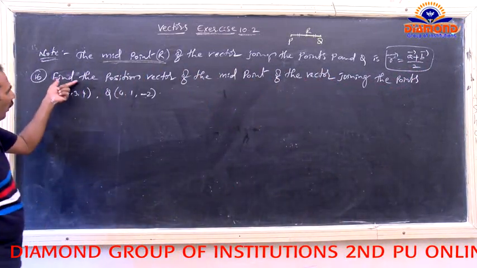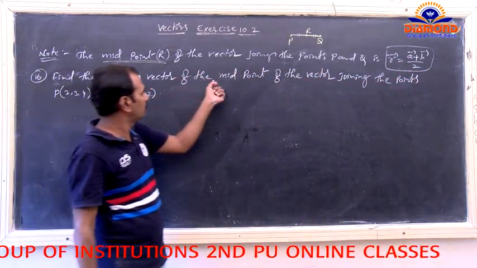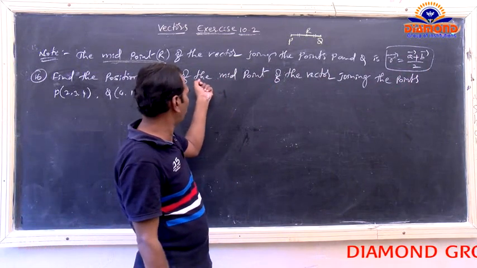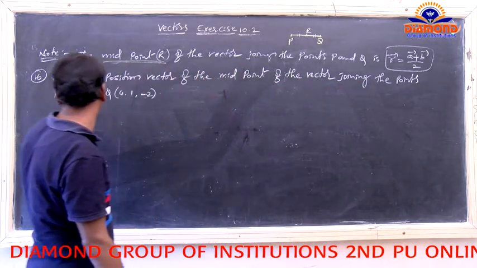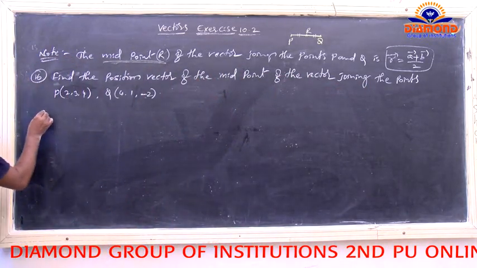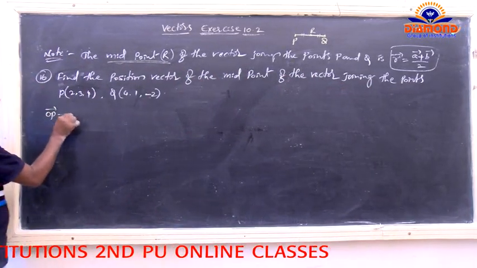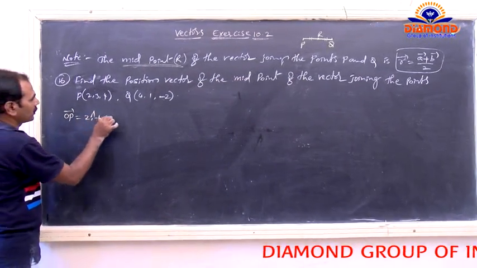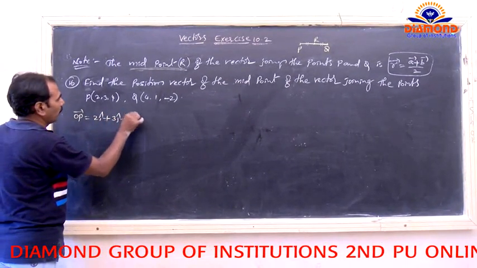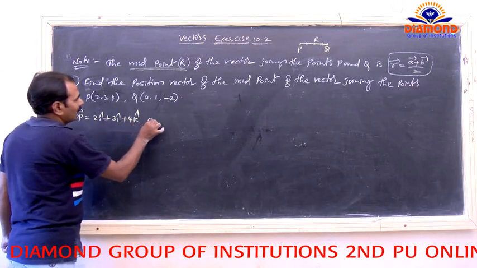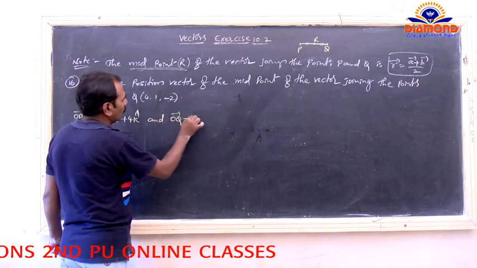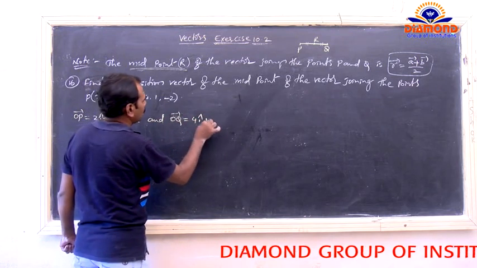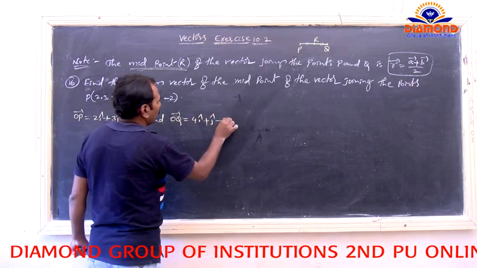So find the position vector of the midpoint of the vector joining two points. The position vectors are OP bar equal to 2i cap plus 3j cap plus 4k cap and OQ bar equal to 4i cap plus j cap minus 2k cap.